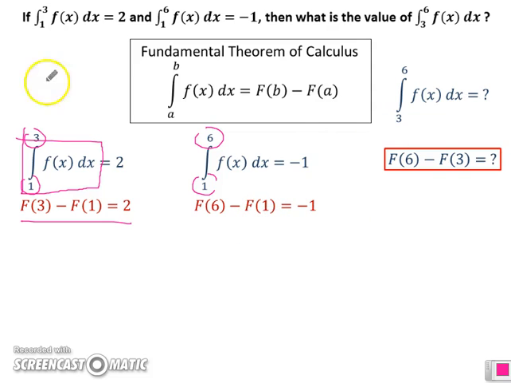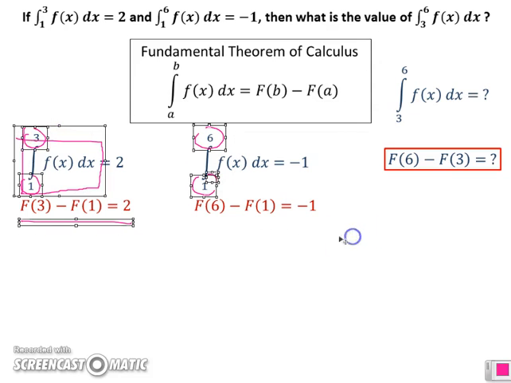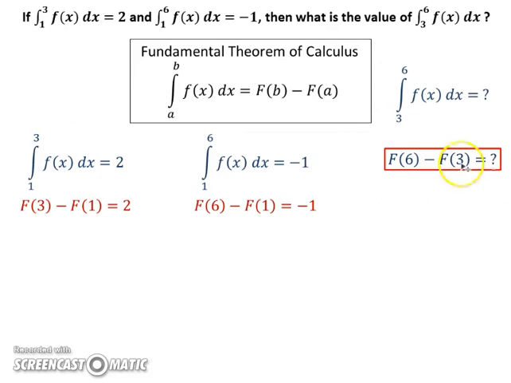So all you really need to do now is a little bit of algebra, because notice, what we're looking for is F of 6 and F of 3, and we have both of those in each of these equations here.